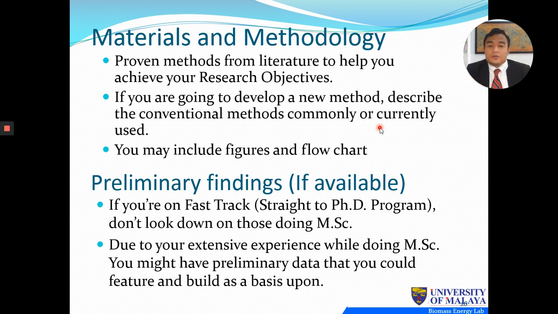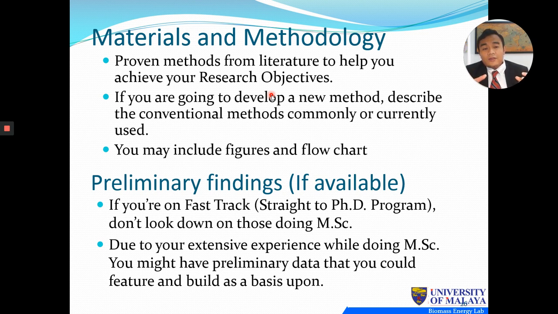So we have gone through quite a few, and materials and methodology are very important in science research. You have to show proven methods from literature to help you achieve your research objective. I've told you that research objectives answer research questions, and you need materials and methodology, the methods that you are going to use in order to achieve your research objective.